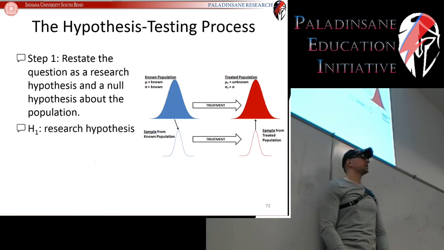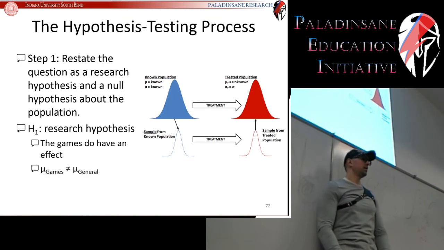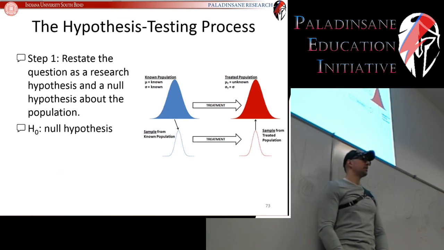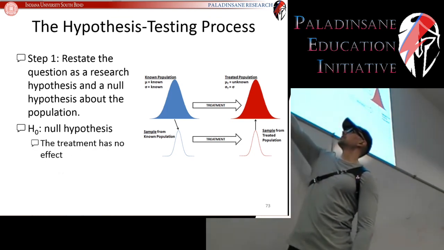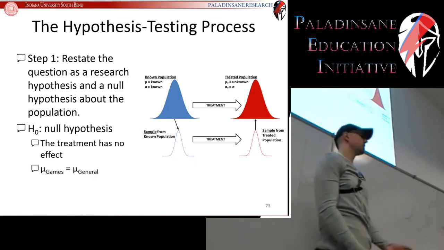Yes, there is a difference. The games do have an effect. The mean of the games population does not equal the mean of the general population. The null hypothesis stays the same. The treatment has no effect, right? That's still the null hypothesis. The mean of the games population equals the mean self-esteem for the general population.